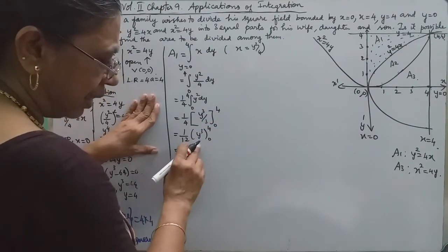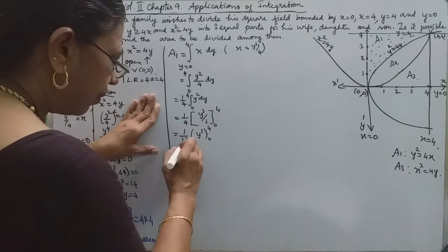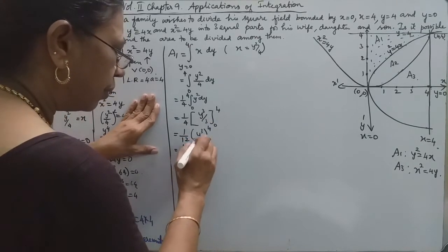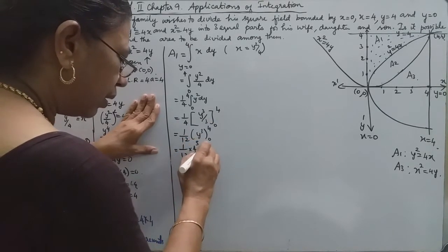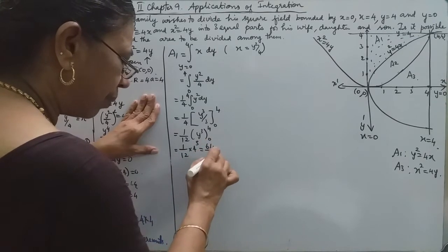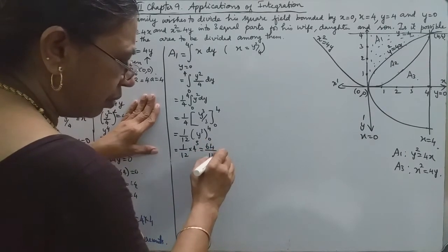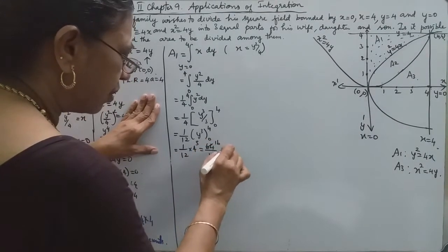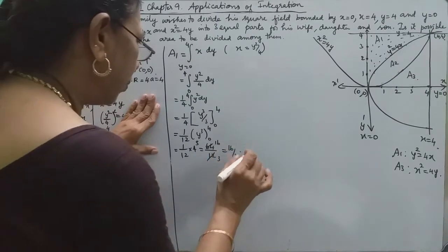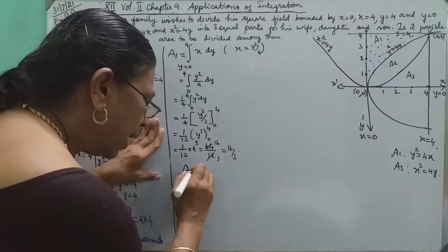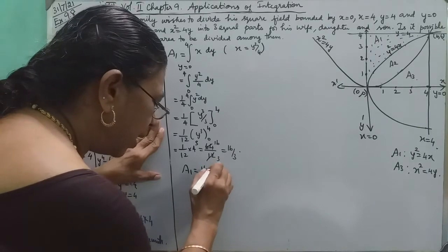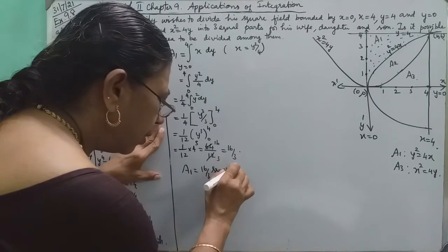Putting 0 is meaningless, so better we put the upper limit. So that is nothing but 1 by 12 into 4 power 3, that is 64 by 12. Better we cut by 4: 3 fours and 16 fours. So it is 16 by 3. So very good. So we have got A1 as 16 by 3 square units.